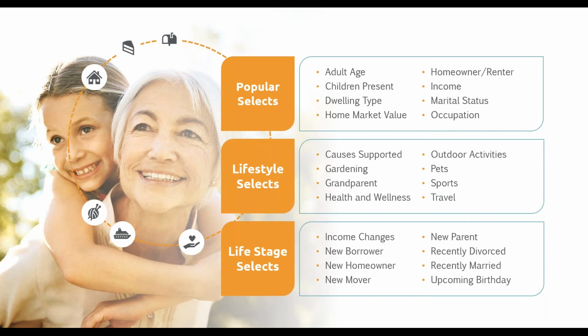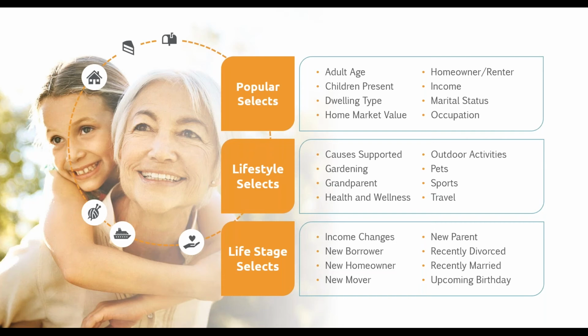If there are offers that are specific to children, they're going to want to know if there are children present in the house. Different types of offers might be best suited for homeowners or renters living in different types of structures, the home market value, the marital status, and then occupation as well. So those are a few of the popular selects that we see a lot of clients using.